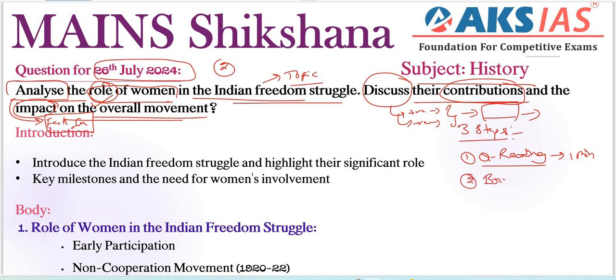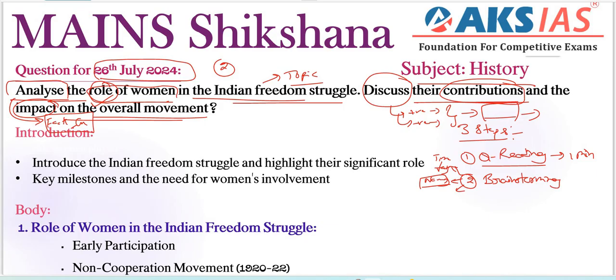Second thing is brainstorming. Here we need to recall important aspects regarding our topic, right? What are the important aspects, significant terms, important time periods, or facts, or names, especially the names of personalities who contributed?